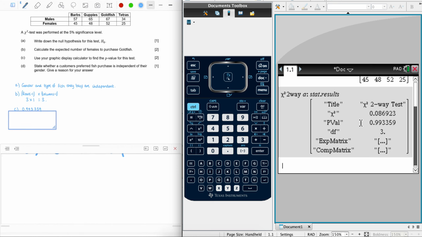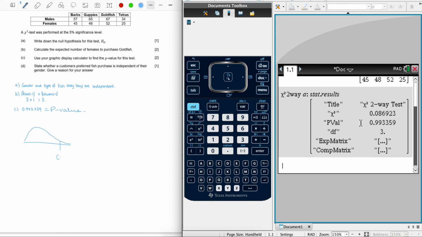And then for part D, I'm saying whether or not I'm going to accept H0 or whether I want to accept H1. So state the reason that the customer's preferred purchase is independent. So if I think about my chi-squared test, it looks something like this. Now this p-value that I've already worked out is telling me the percentage for the critical value.